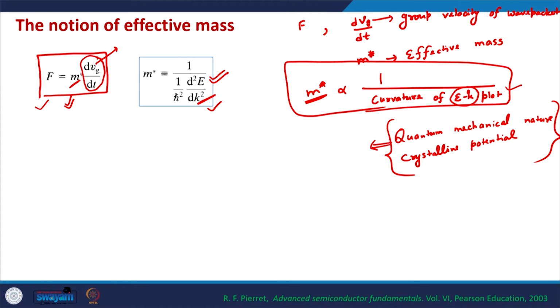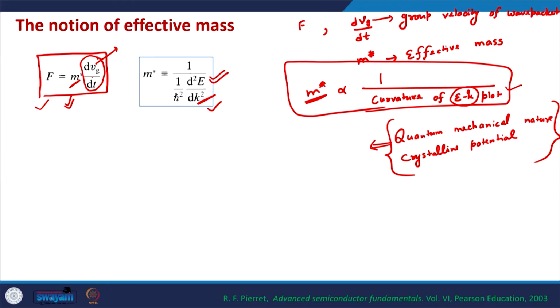Okay. So, as you might have already come across in some books, they do not deal with quantum mechanics directly. Instead, they define effective mass and the group velocity, and they start the analysis of electronic devices from this point by considering the electron as a classical particle, but instead of using the electron mass, they use the effective mass, and that is actually a fairly good treatment of electrons.